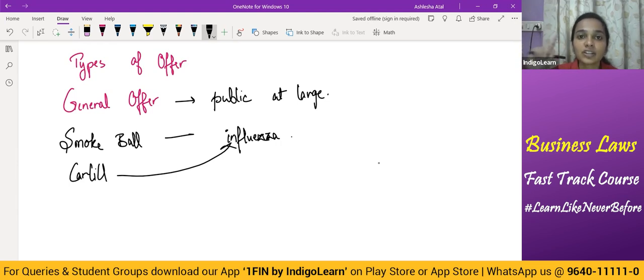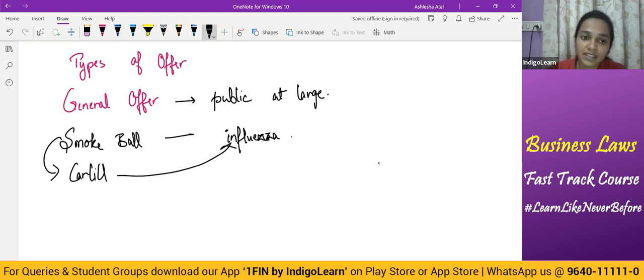Now, the court decided that the offer made by the company was made to the public at large, and anyone could accept this offer. Mrs. Carlill accepted the offer by consuming the smoke ball and using it as per the company's instructions. Since she used the smoke ball and still contracted influenza, it is the company's responsibility to make the payment to Mrs. Carlill.